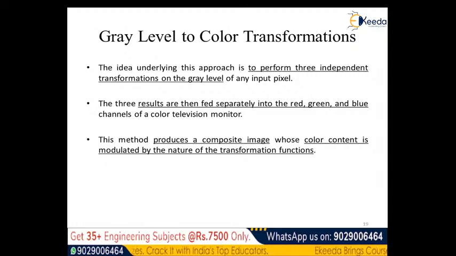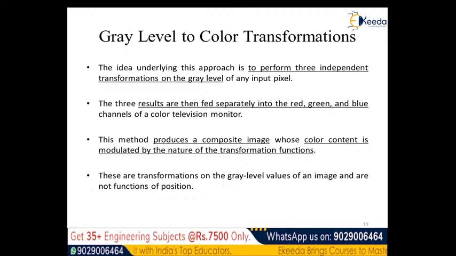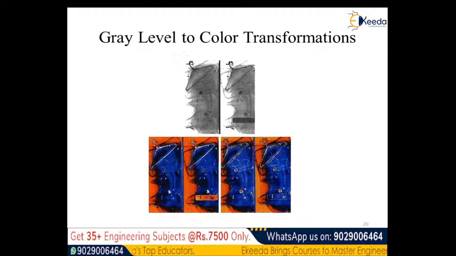Let us have one example here. In this example, we have two monochrome images. Monochrome means grayscale images, and these are of luggage at the airport, acquired by an X-ray scanning machine. The purpose of this checking is to detect whether a person is carrying certain explosive or banned items or not.